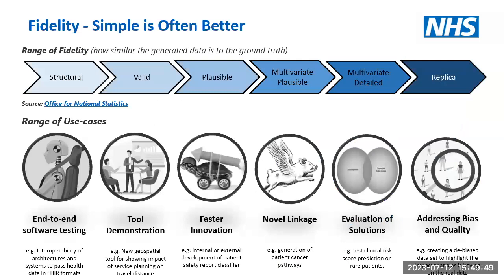Right. Fidelity. The ONS put out a paper, which there's a link to in there, which has this range of different synthetic data fidelity. And it goes all the way from just structural, where you are just taking your metadata for your data set. You're saying, I need a categorical variable and a numeric and a date. It goes up through valid and plausible, where you're starting to say, I need to not have pregnant males in this data set.